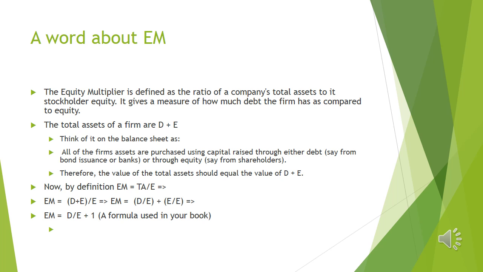By definition, the equity multiplier is total assets divided by equity, so it is debt plus equity divided by equity, which equals the debt to equity ratio plus 1. This is the formula used in the book.